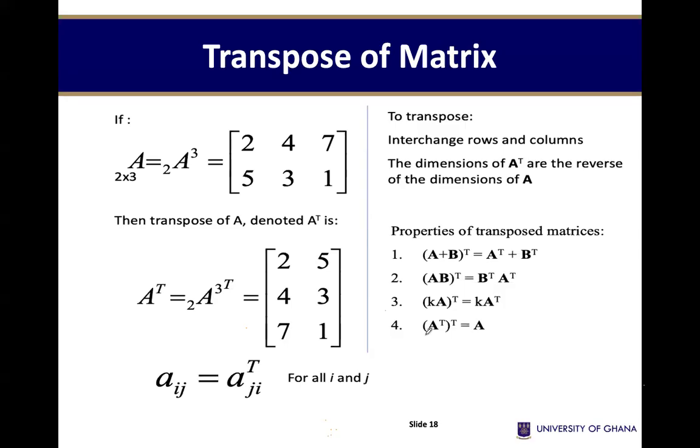So the transpose is there for the situation where we need to transform the rows and the columns to make it work. That's where the transpose comes in. Are you okay? Yes, sir. Thank you. All right, good.